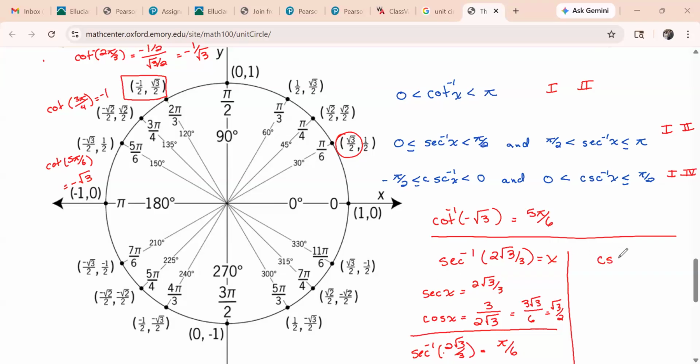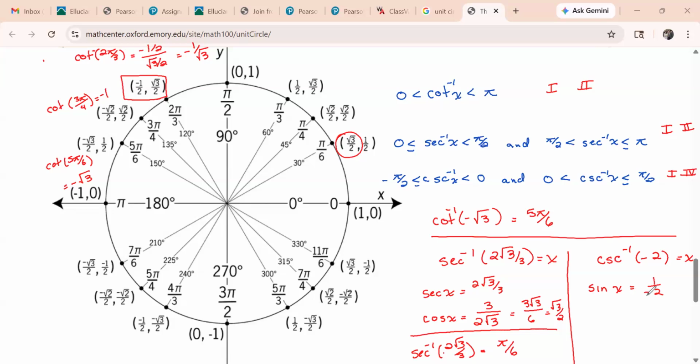And then if I give you inverse cosecant of -2, if this equaled some sort of x, then that means that there was a sine x equals -2. One over -2, reciprocal.